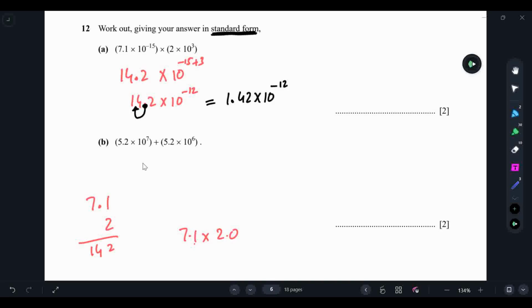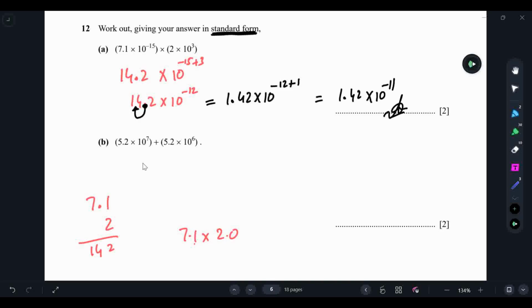Since we have shifted 1 unit to the left, we need to write plus 1 over here, because the decimal shift has an impact on the power. So the final answer will be 1.42 multiplied by 10 raised to power minus 11.